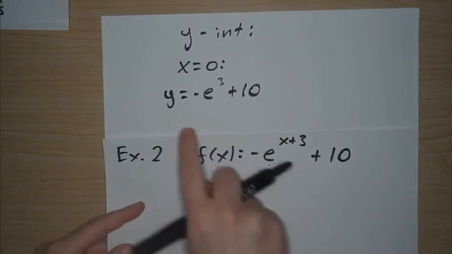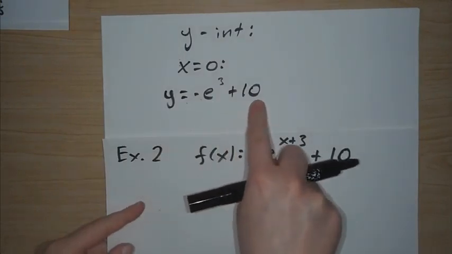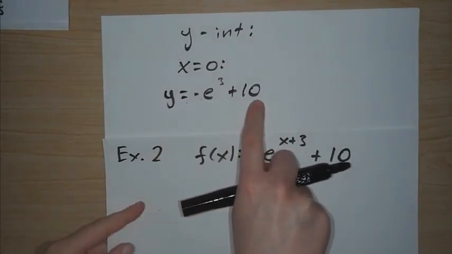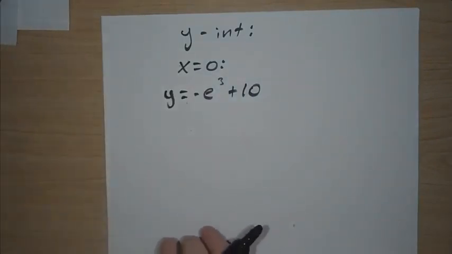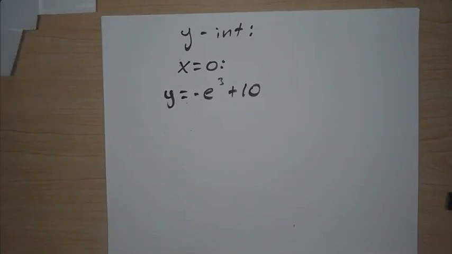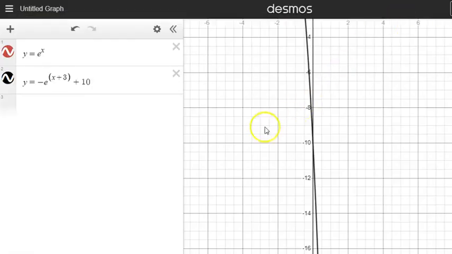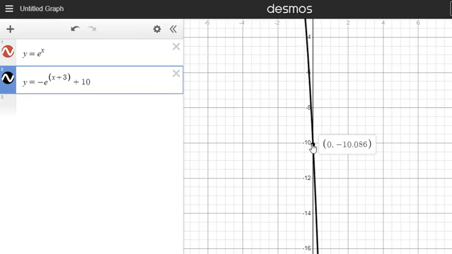And we notice that we can actually just put this directly into a calculator. And when we do, we get the same thing that was in our graph, which was about negative 10.086.